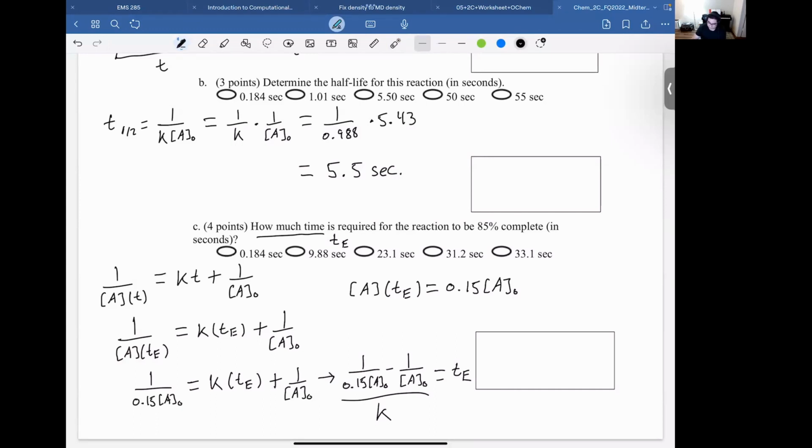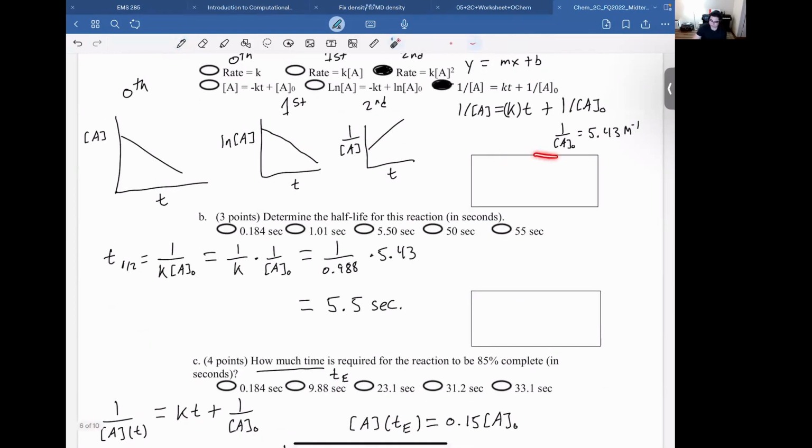So when you plug all of this in, this is 1 over 0.15, and then you could plug in the fraction from above, which is what Professor Longacre did.